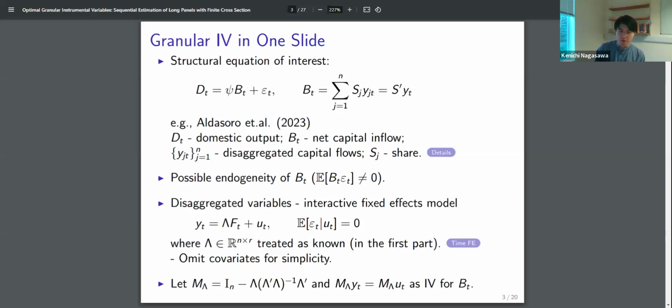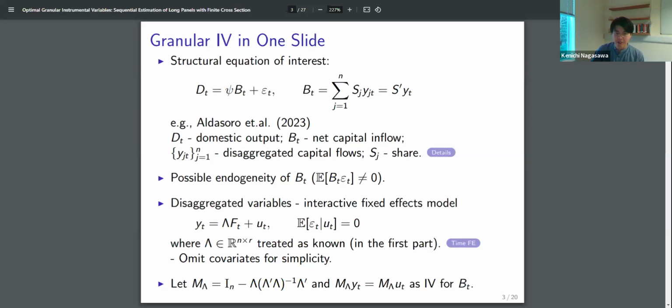Because this is a global condition, it affects different locations in the world, and that affects each of the Y_jt. And because B, the right-hand side variable, is a function of these disaggregated variables, that means there's possible correlation between B_t and the structural error epsilon_t. So that's a possible endogeneity issue, and there could be other factors creating the endogeneity issue.